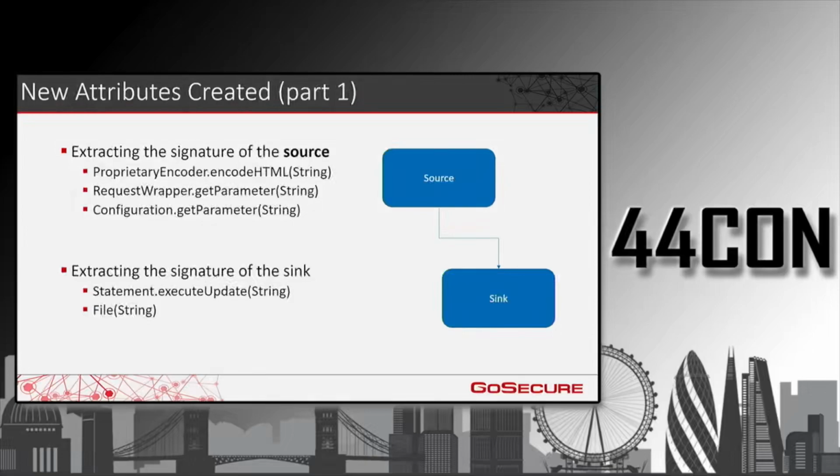So I won't go through all the attributes that we have added to the model, but I'll go through the main ones. The first thing we have added to the model is we're going to record, for every bug, the source. So if a value is returned and added to a query or part of the sensitive parameter, we're going to record the exact signature. For example, say we have a proprietary encoder that encodes specifically HTML.